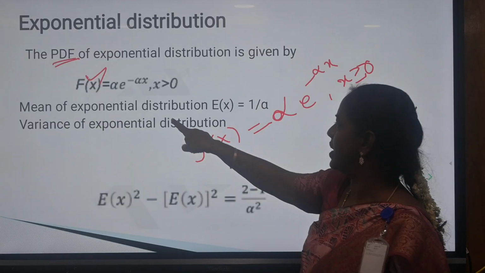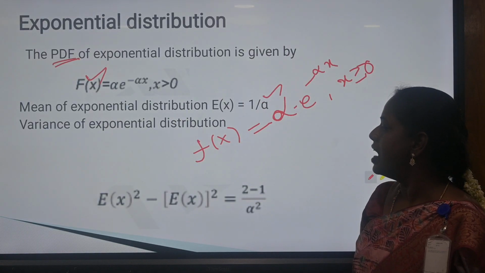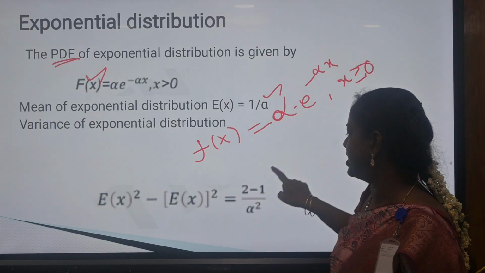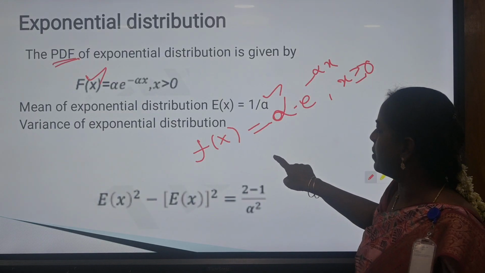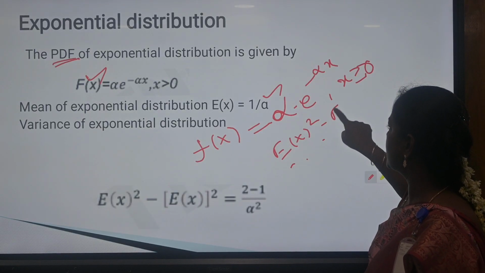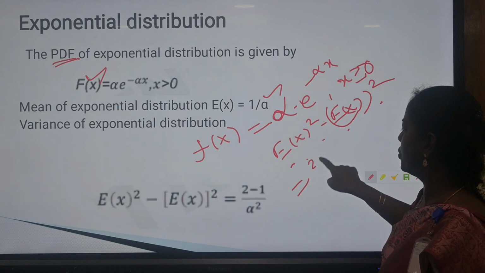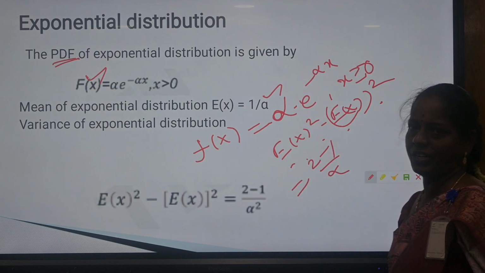The mean of this exponential distribution is 1 by alpha, and the variance is given by the formula expectation of x square minus expectation of x whole square, which is equal to 2 by alpha square minus 1 by alpha square, that is 1 divided by alpha square.